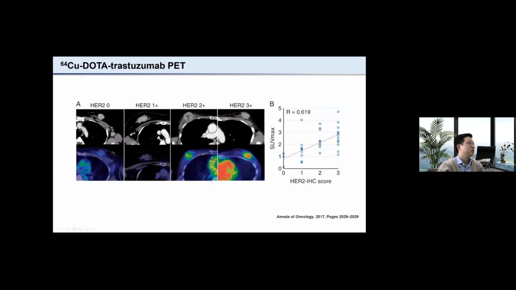As you can see here, the breast cancer sizes are actually similar, but the tracer uptake is quite different. The tracer uptake was well correlated with the gold standard IHC scores. So this immunoPET imaging can be used for the HER2 expression level.